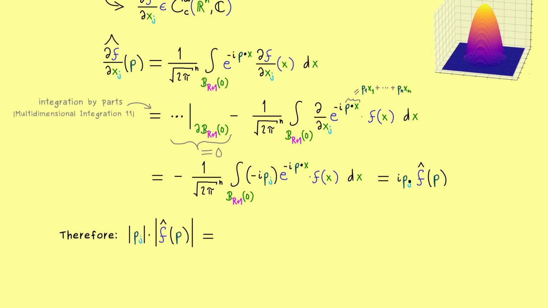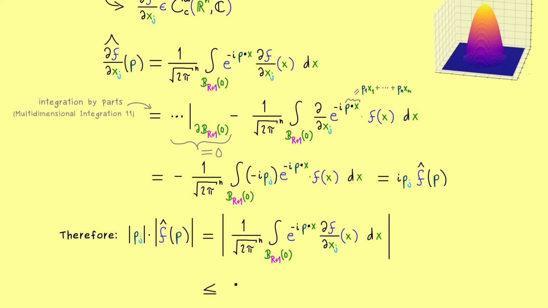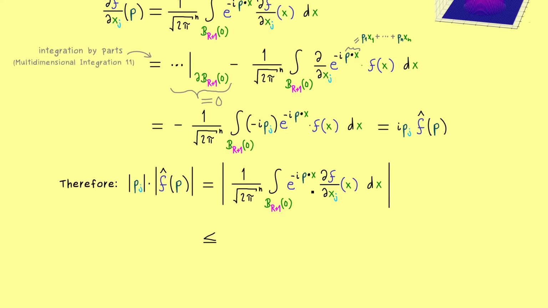And now by using the formula from above, we know that this one is the absolute value of the Fourier transform of the partial derivative. So this is already quite nice, and now you might already guess the next thing we want to do is to pull in the absolute value into the integral. This is what we call the triangle inequality for the integral, and then you see the exponential function will just vanish with the value 1.